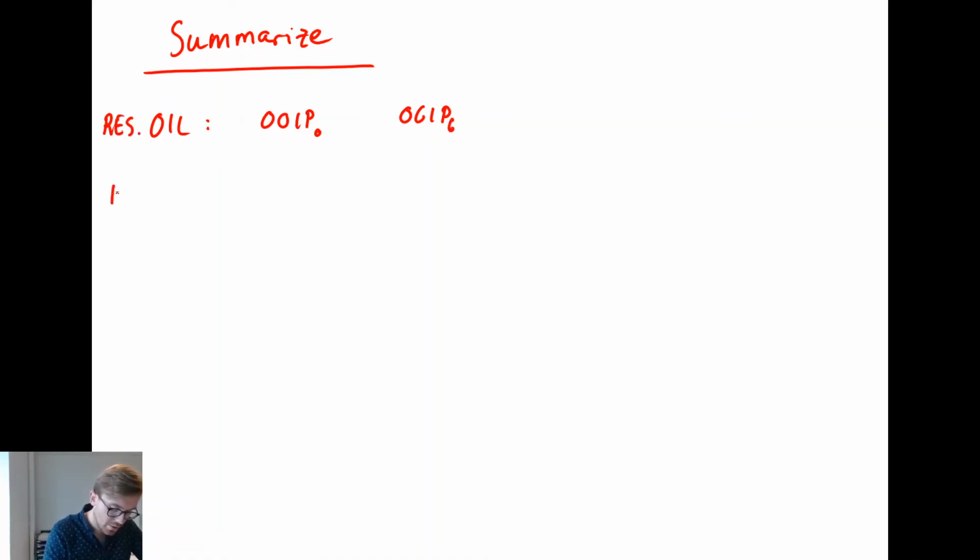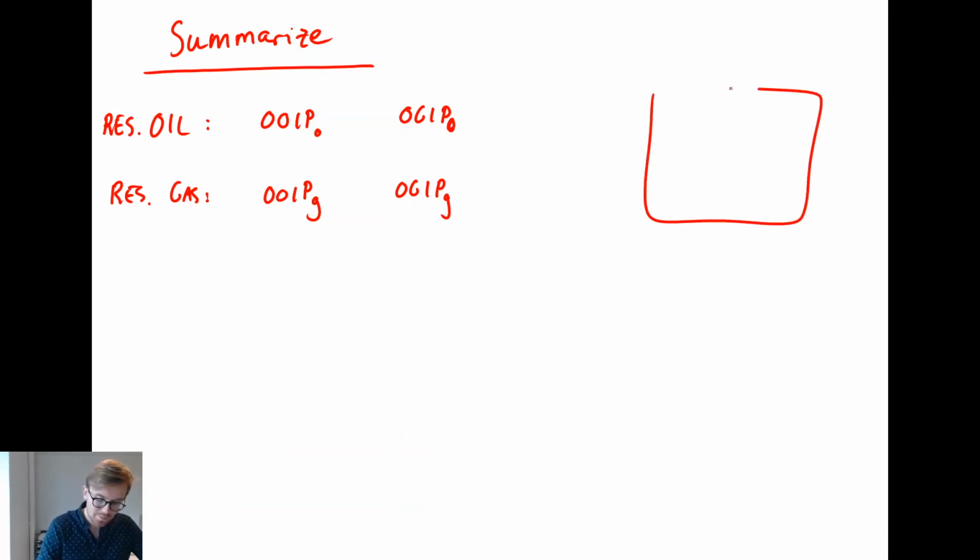And then we have the same for a reservoir gas, where we have original oil in place from the reservoir gas phase, which is the condensate, and then we have original gas in place from the reservoir gas phase. Meaning that, let's say we had a system where we had a gas cap and an oil rim in a reservoir. So this is at reservoir conditions.